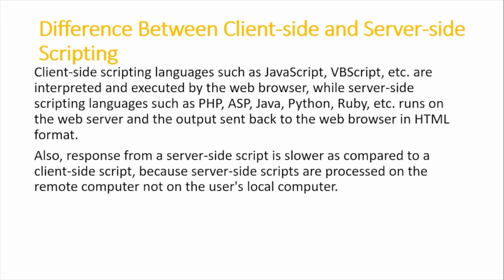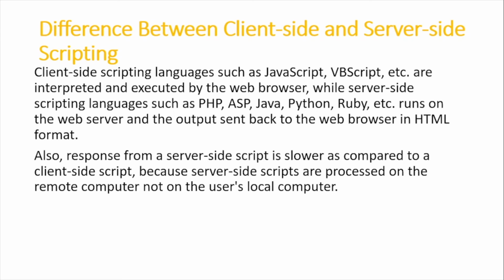While server-side scripting languages such as PHP, ASP, Java, Python, Ruby, etc., run on the web server, and the output is sent back to the web browser in HTML format. So basically, your client-side scripting languages will be running in your browser, and there is no sending data back again, because it is running in your browser.